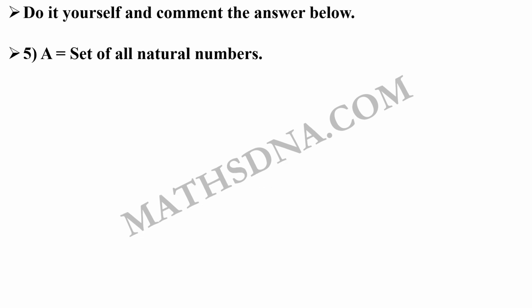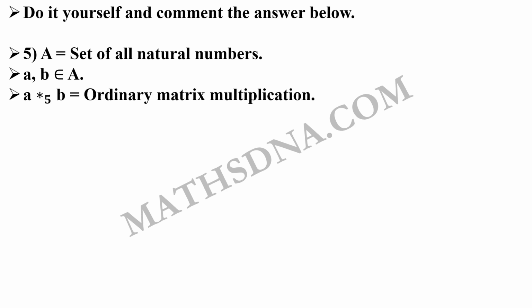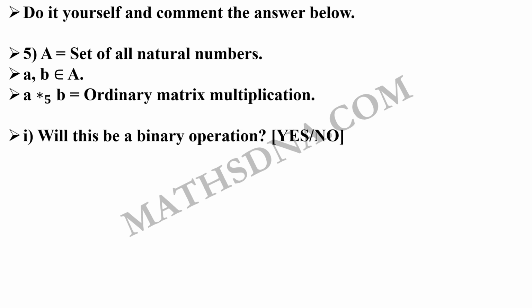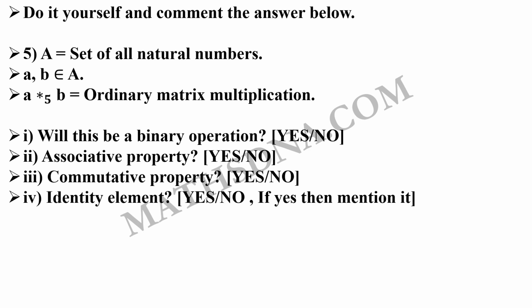Moving on to the fifth one, the set of all natural numbers. Take two elements a and b from the set A and define a star 5 b as ordinary multiplication, because they are natural numbers. And then again check binary operation, associative property, commutative property, and identity element.